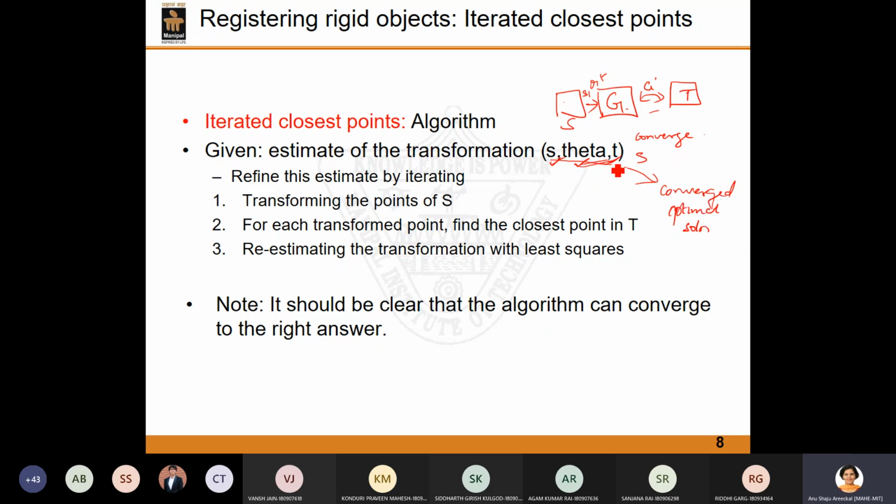But if the initial estimate is very far from the actual values of the transformation, you might need many more iterations to reach the optimal solution. So the speed of convergence depends upon the initial estimate we are considering. That's another point you need to note.